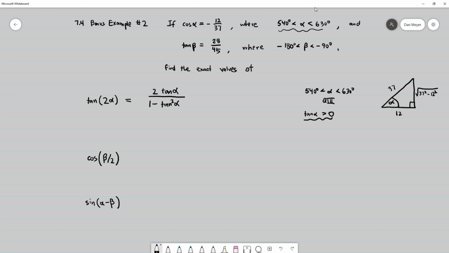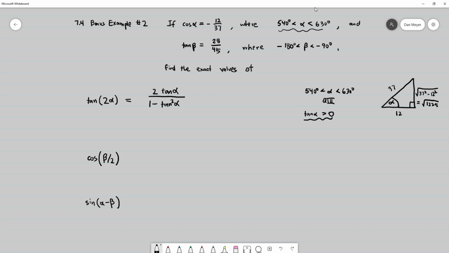So there's some calculator work. Where's my calculator? Got to get my calculator out and flip on some lights. All right, 37 squared minus 12 squared. That's 1,225, and I'm guessing that's a nice perfect square.